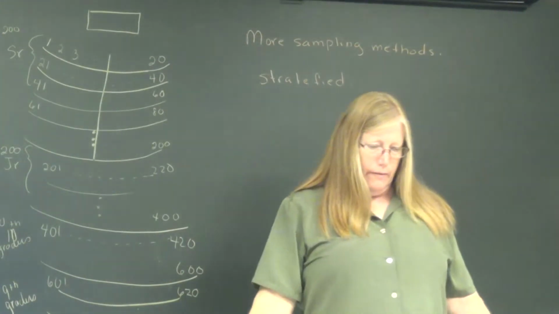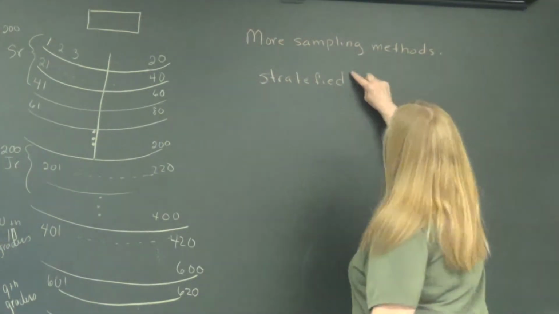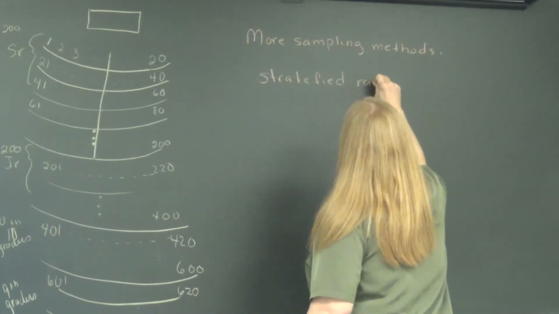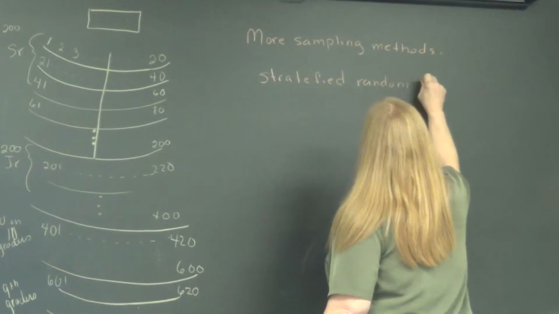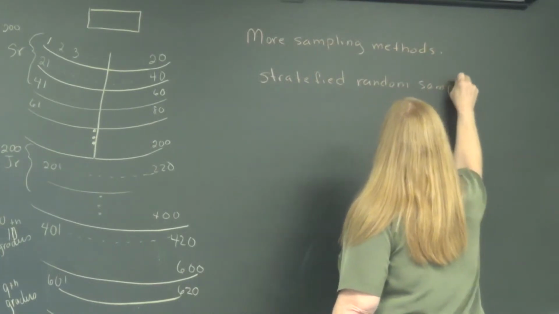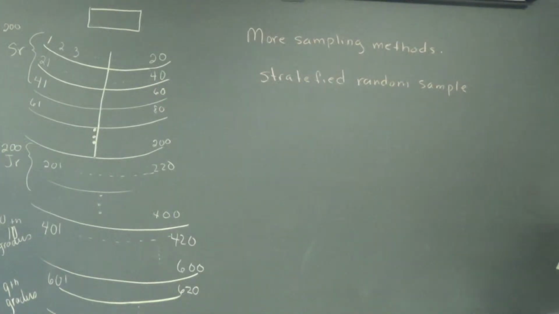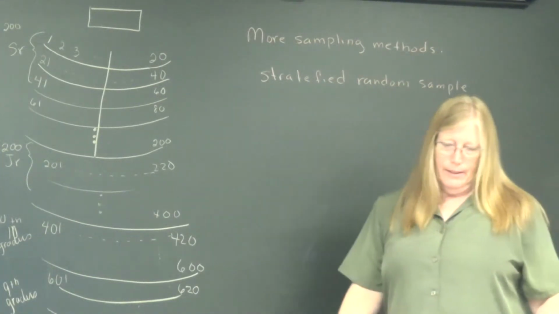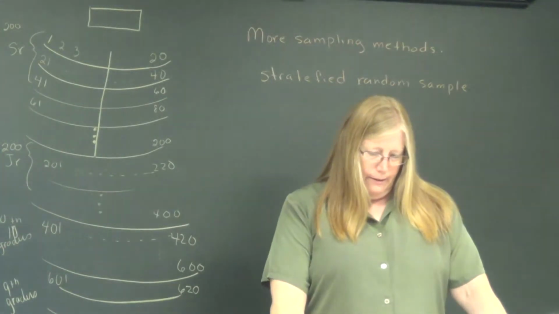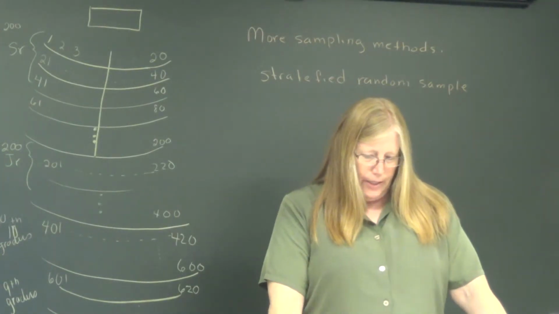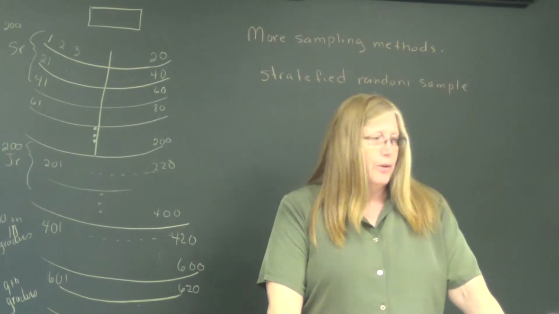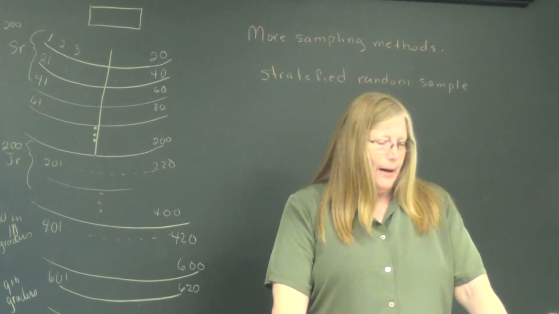A stratified random sample. Unfortunately, we don't have a nickname for it, because if we did, it would be SRS, and we already used SRS. So we just call it stratified random sample. It is used when the SRS is not practical to use.